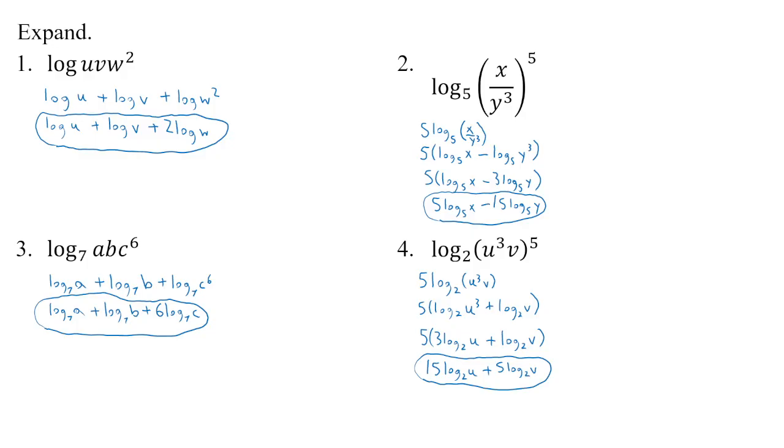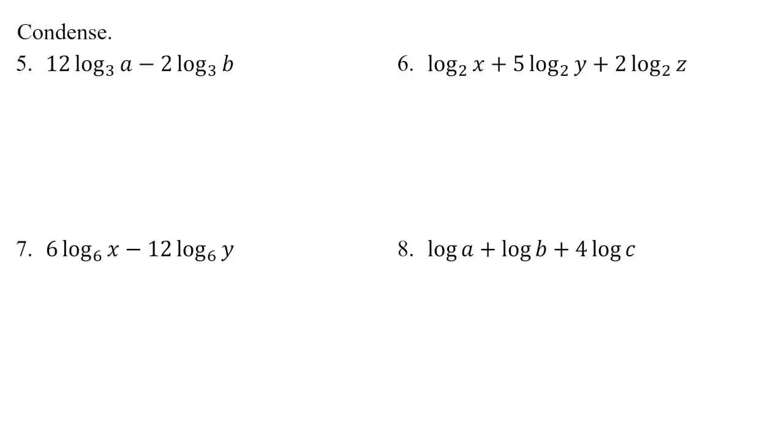So now, suppose we're asked to condense, and what that means is to write it as one log expression, or one log. And the first thing we're going to do, we're going to use the third property to change coefficients into exponents. Therefore, this becomes log base 3 of A to the 12th minus log base 3 of B to the second.